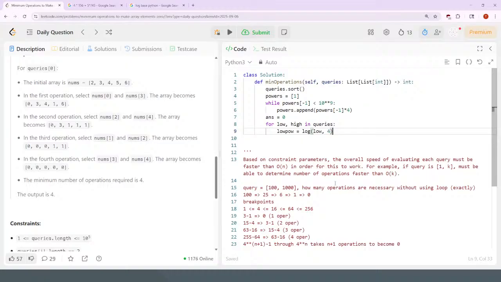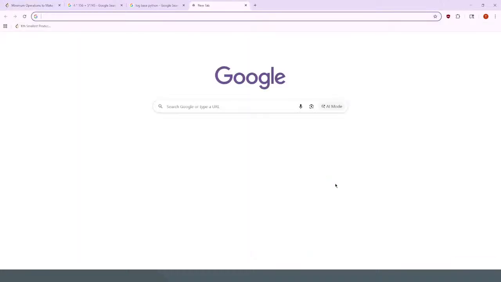So if it takes 4, log of 4 base 4 is going to be 1. Yeah, 1. Okay. I want this to round up. I think I want this to be the ceiling. Is that the right thing?